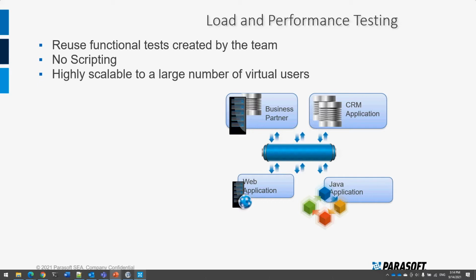But if that particular subject matter expert is no longer with the company, then there will be a risk that this asset is no longer usable or maintainable. So using the Parasoft functional trio, we have the advantage of non-scripting and reusability. The same model that is constructed is universal among the three products.